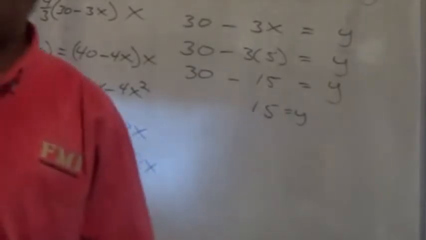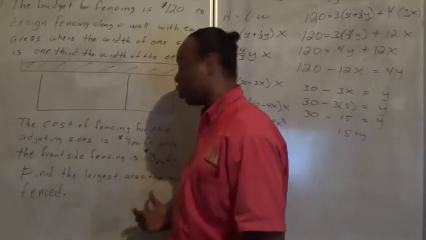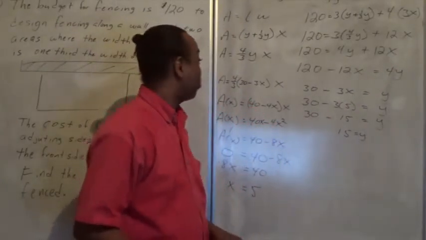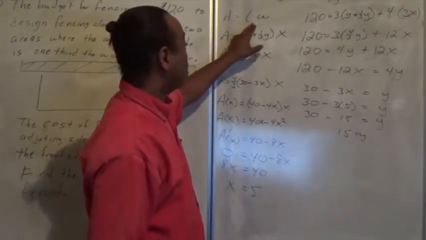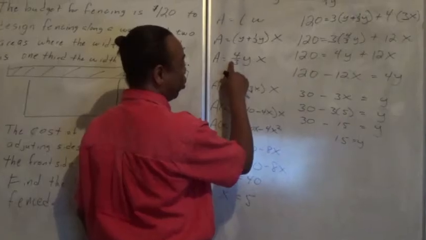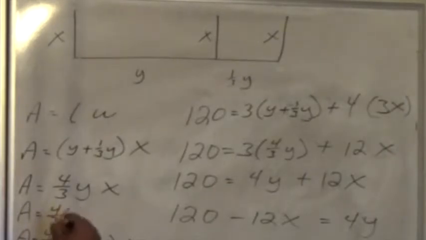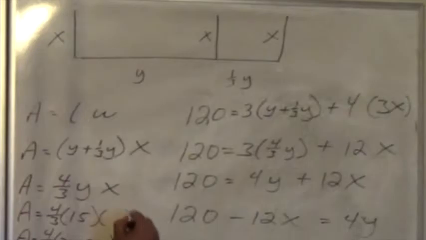So going back to the original question, what is the maximum area, sorry, the largest area? I go back to my area formula, which is length times width, and that can be found by 4/3 of y times x. So that would be 4/3 times 15, and then times x, which is 5.